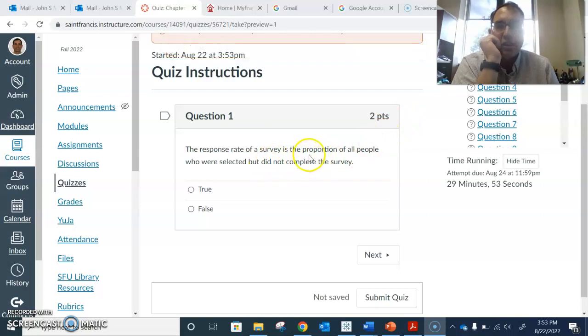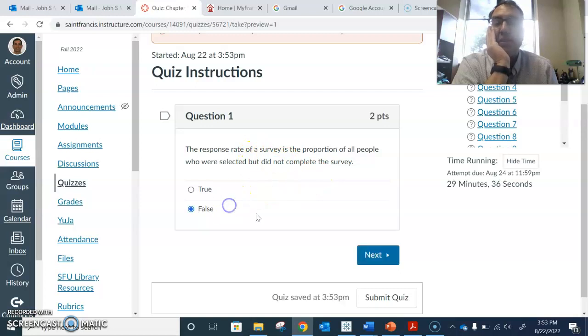It says the response rate of a survey is the proportion of all people who were selected but did not complete the survey. Okay. This is false because it says did not complete the survey. It's a proportion of all people who were selected and did complete the survey. So this is false, because that's what a response rate is.